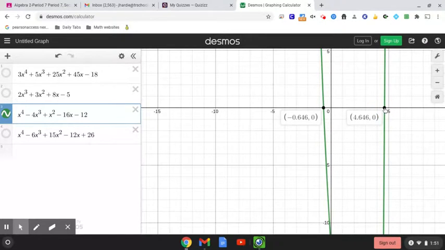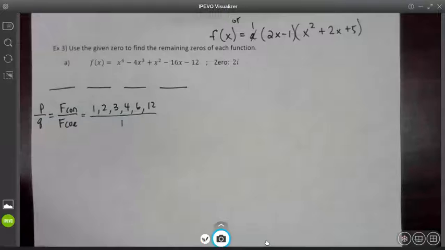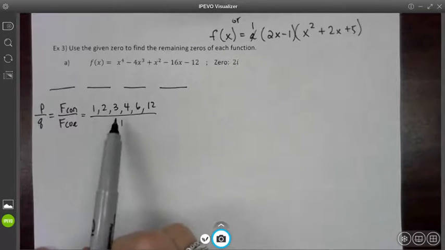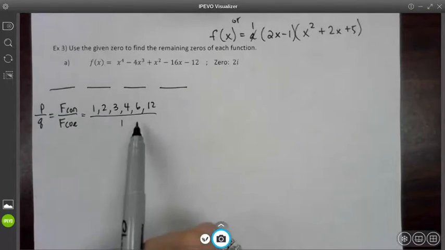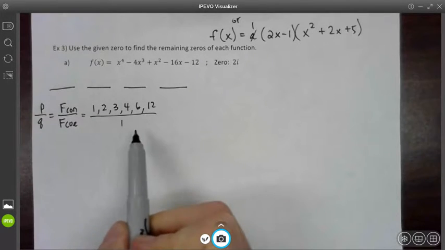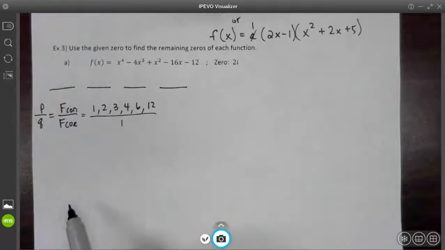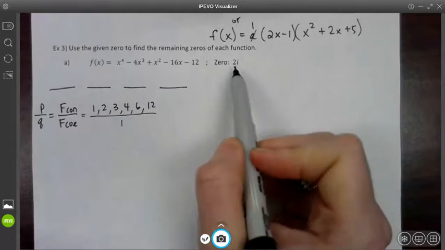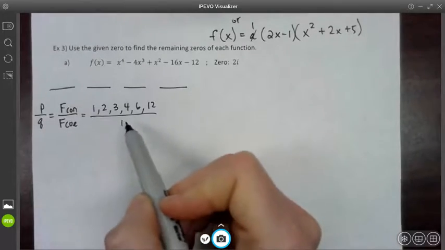None of our possible zeros were fractions or decimals, so those must be irrational zeros, and this list can only find the rational zeros. So this list is going to do nothing for us. None of them are going to give us a remainder of 0, because none of these were the actual zeros on that graph. So they must have given this to us for a reason, knowing that these wouldn't work.